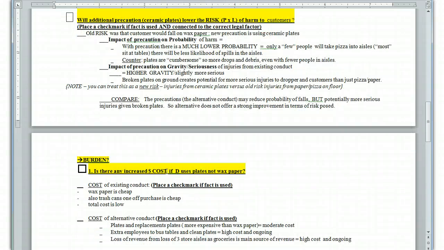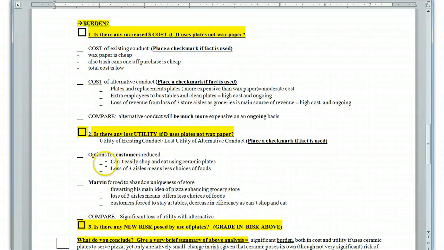The next factor, of course, you want to look at is the burden, right? Because we have to ask, would we say defendant is negligent in not taking these additional precautions? And we need to know the cost of the additional precautions, both in terms of money and in terms of lost utility.